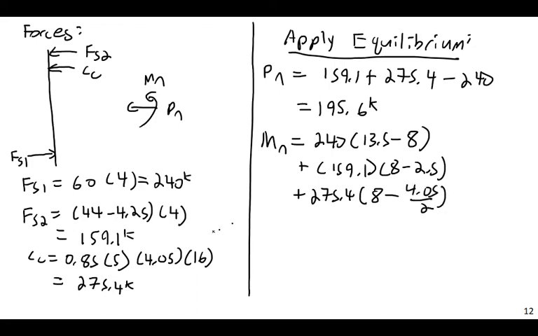That altogether comes to a Mn equal to 3,841 kip inches, or 320 kip feet.